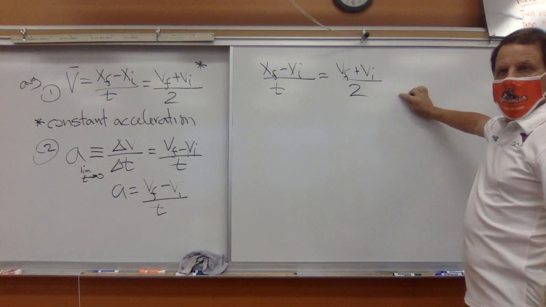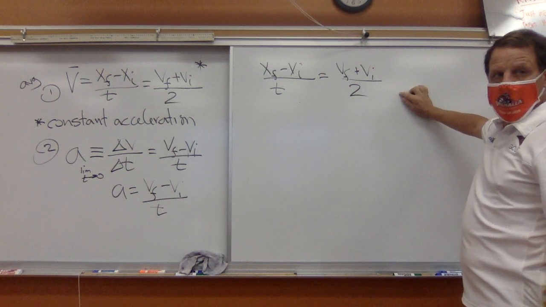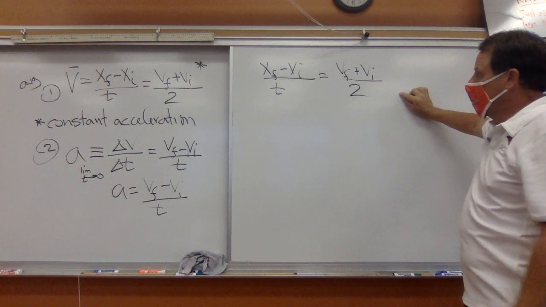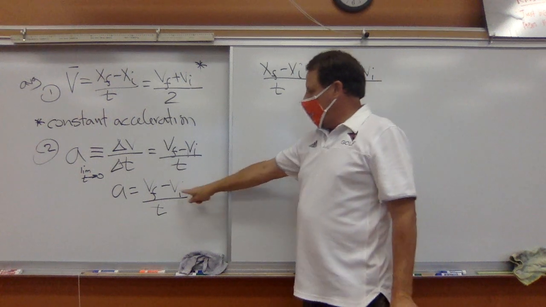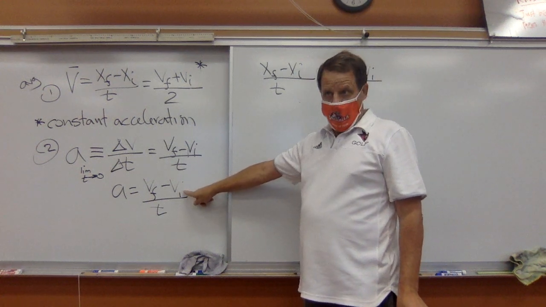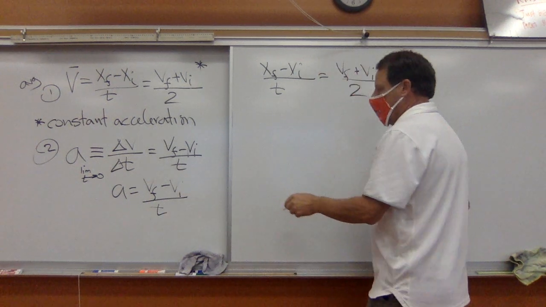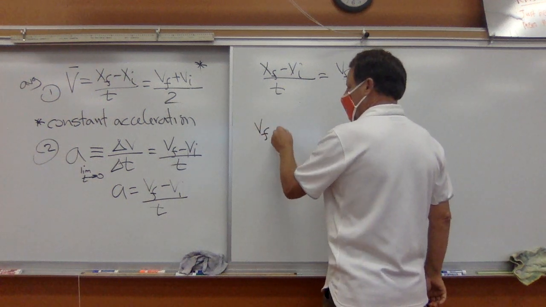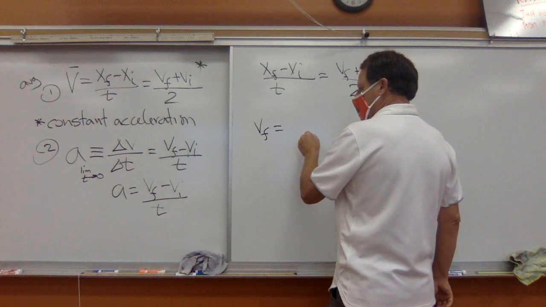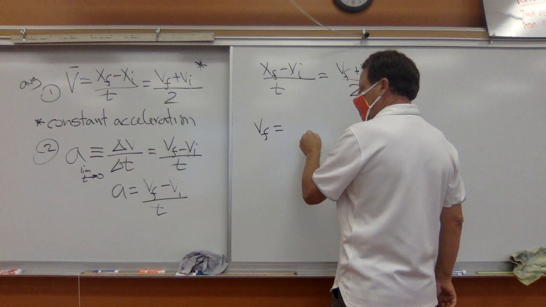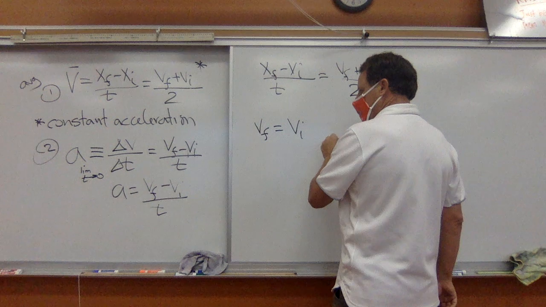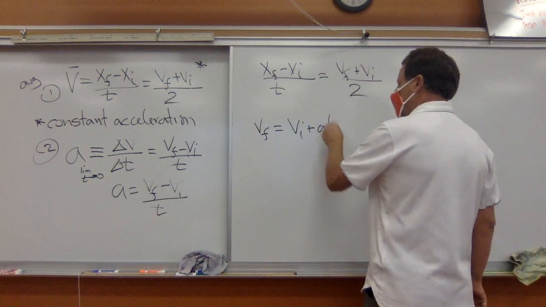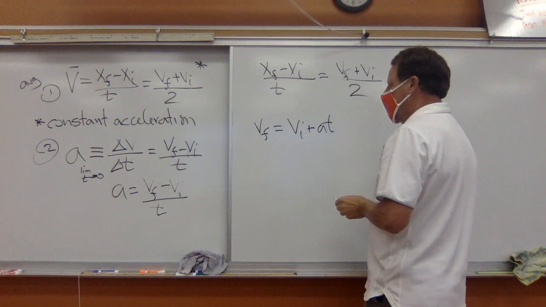This is where we're going to start when we develop the third equation. I'm going to change this equation, and I'm going to call this equation v final is equal to v initial plus at.